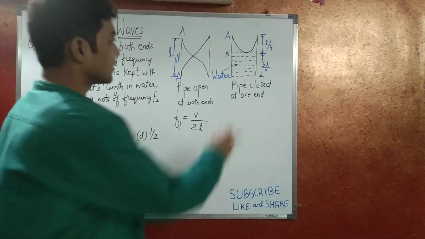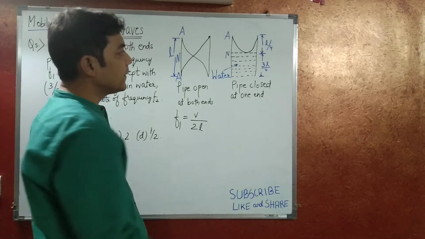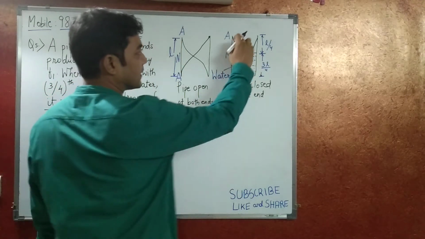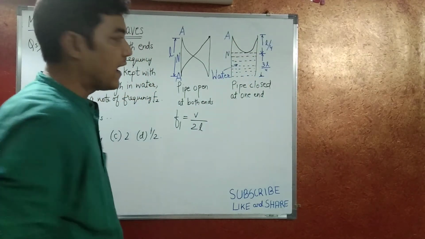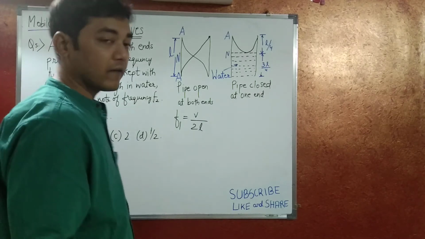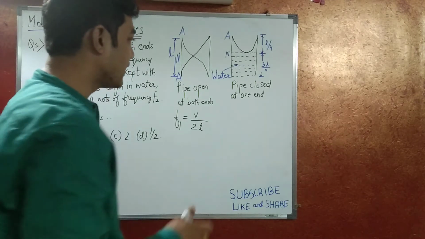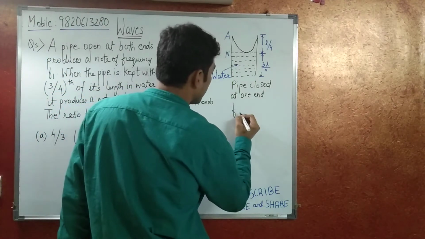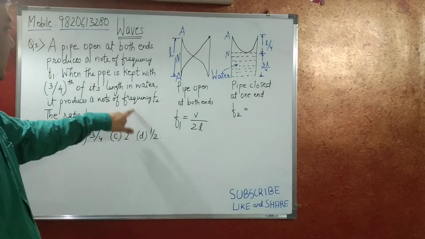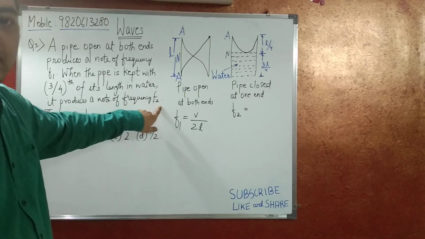Now this much part is covered with water. Basically the tube is kind of closed over here. This much part is your air column and this much part is water. So what will be the fundamental frequency in this case? I will take it as F2 because in the question they have said when the pipe is kept with 3/4 of its length in water, it produces a note of frequency F2.